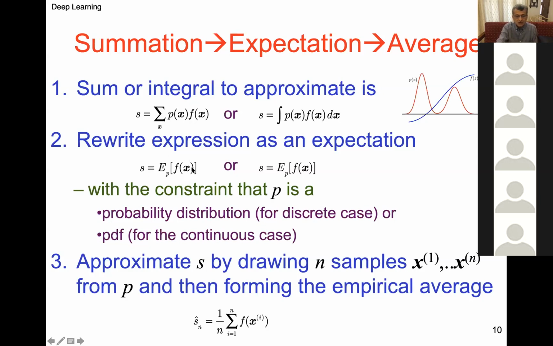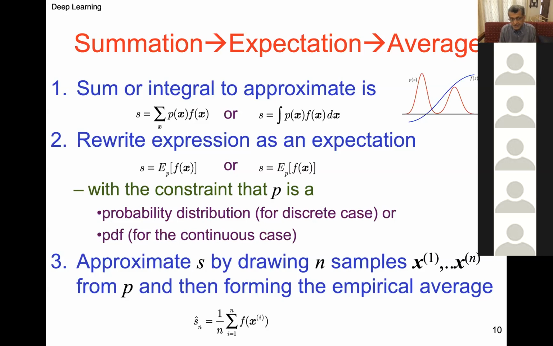So we just saw that the expected value for a distribution can be written as an average. So this says, if you are trying to compute something like this, S equal to the sum over all x of P(x) f(x), it is approximated by this, which is Sn hat. You have some n number of samples, and the estimate is 1 over n times the sum of f(xi), where the xi's are the samples drawn from the distribution.